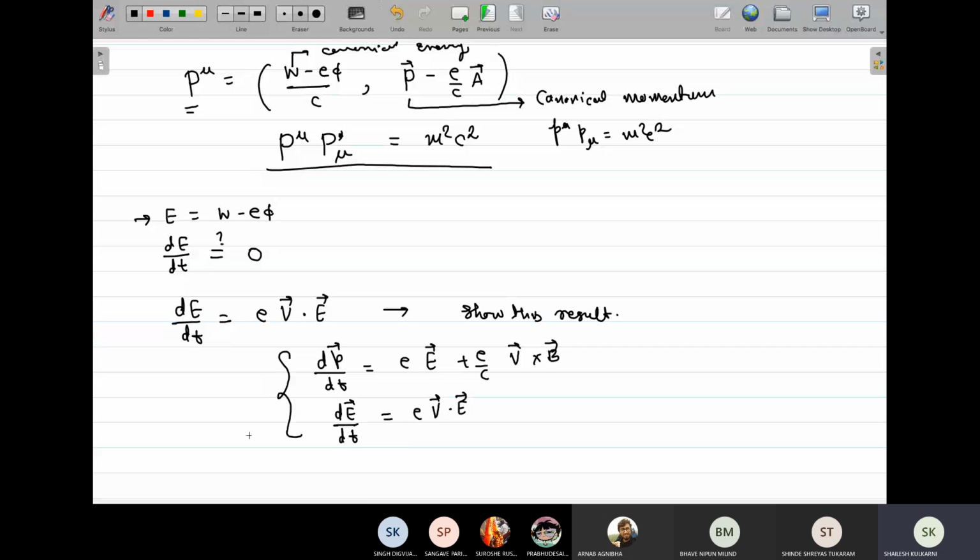So I have these two equations. Is this clear to everyone?